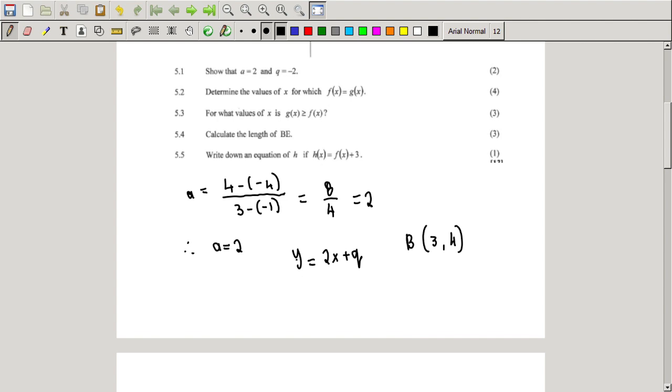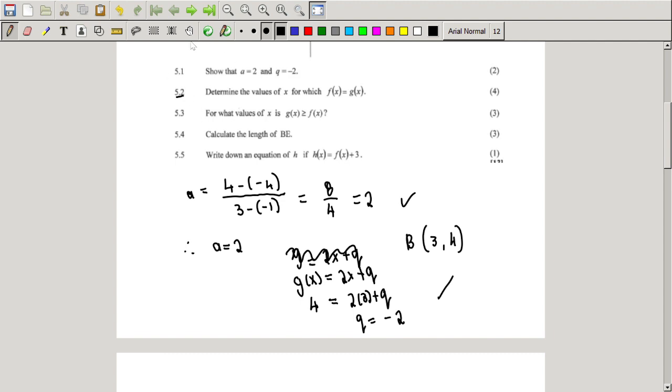In the place of g of x, I place 4: 4 equals 2 times 3 plus q. So q is going to be equal to negative 2. So I guess we proved that. So yeah, you'll get your 2 marks.